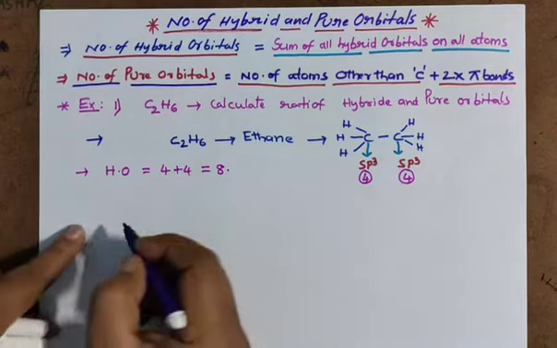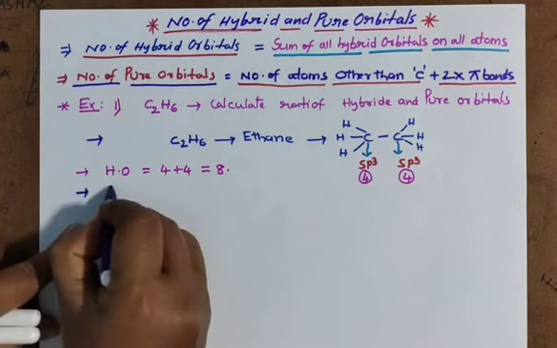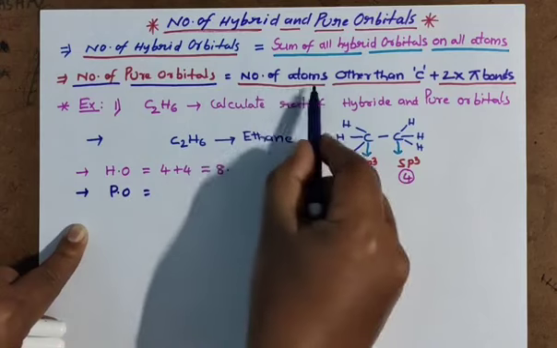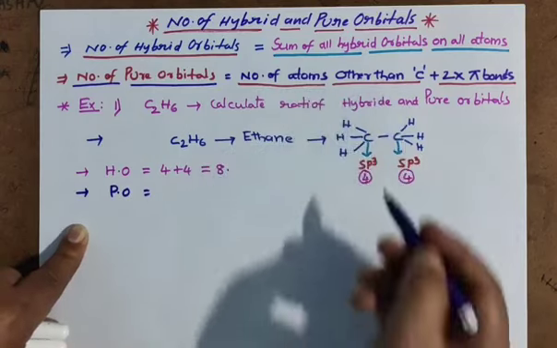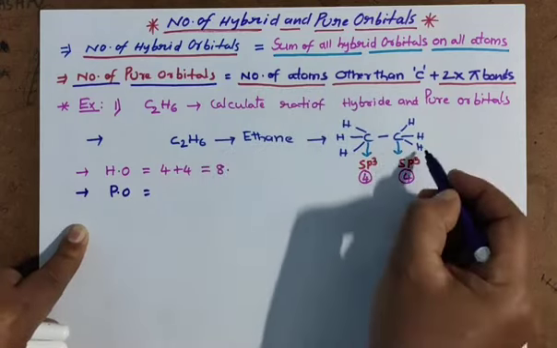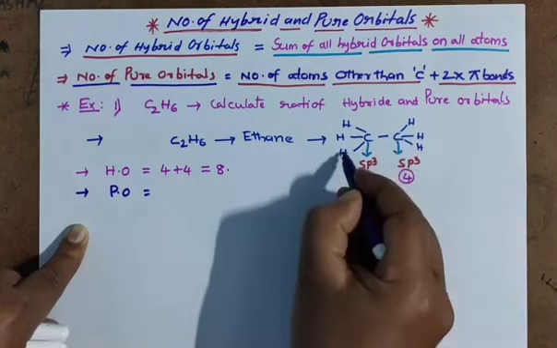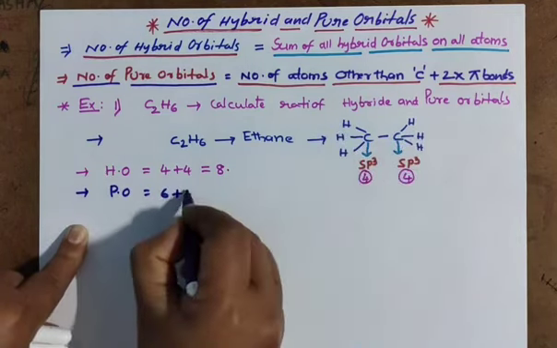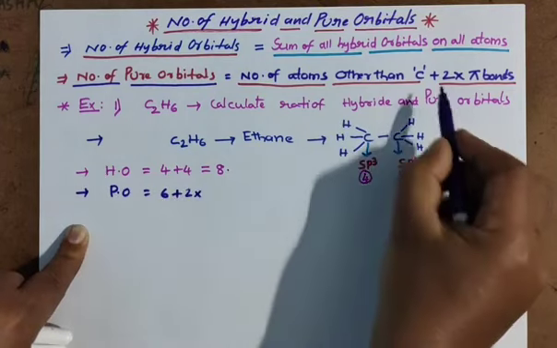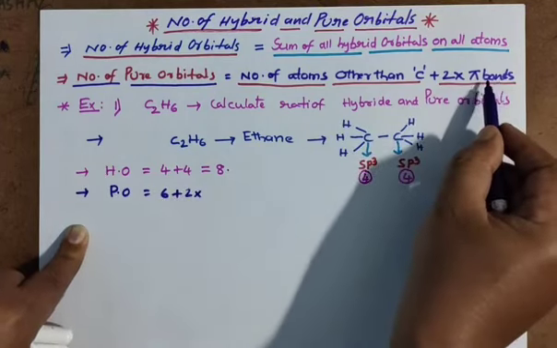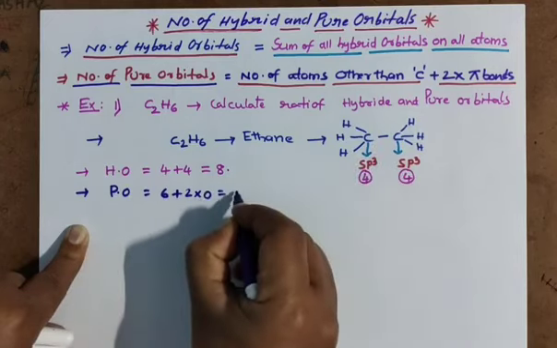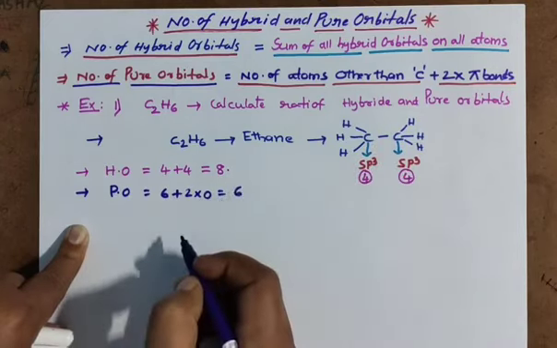Next, number of pure orbitals. What is the formula? Number of atoms other than carbon. So, other than carbon, number of atoms 1, 2, 3, 4, 5, 6. 6 hydrogens plus 2 into pi bonds. Here pi bonds are not there, 0, so that equals 6.